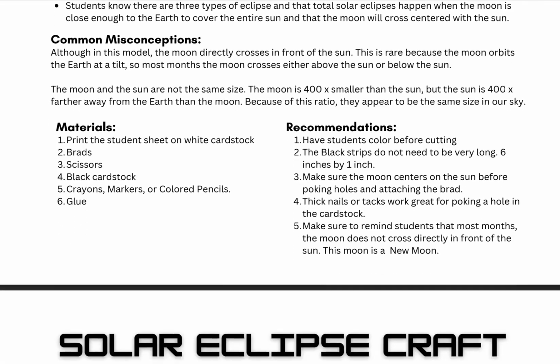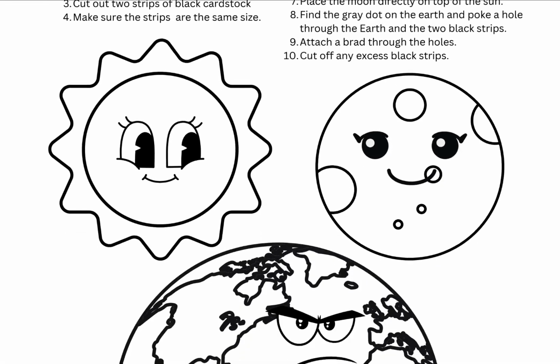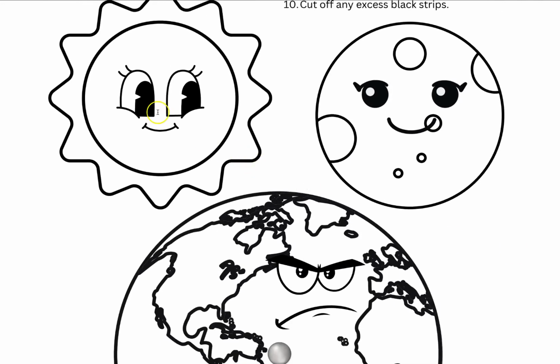So before students cut their sun, earth, and moon out, they'll need to either color strips of black or just cut off strips of black paper that are both the same size so that they can attach their sun and their moon.